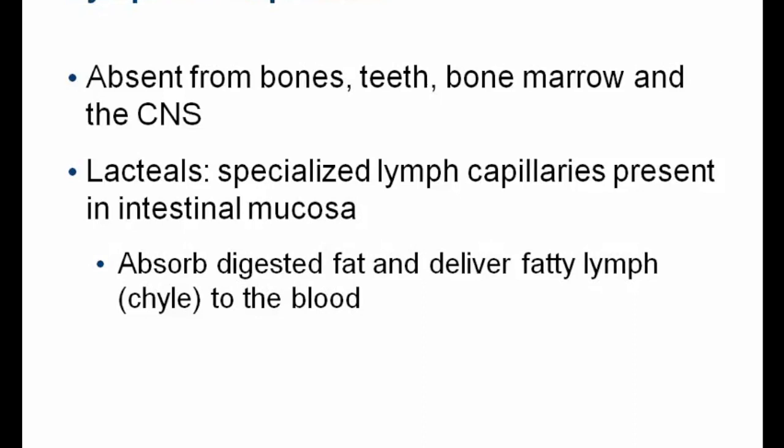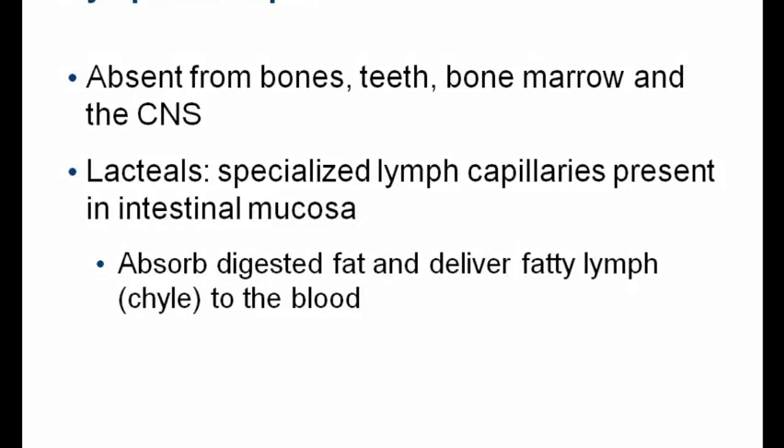Their job is to absorb fats because fats are too big to get into normal capillaries. So in the lymphatic fluid that's coursing through your digestive tract, can you imagine what it looks like if you just ate at McDonald's?